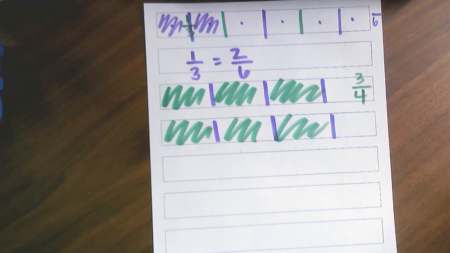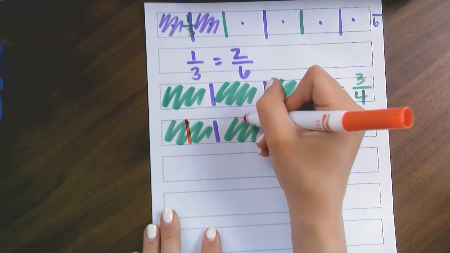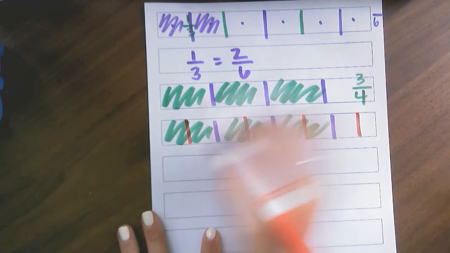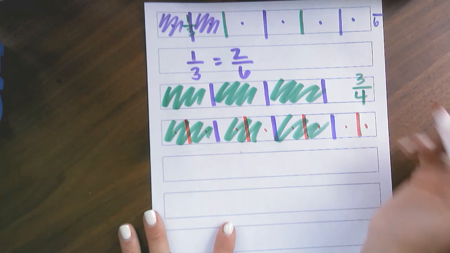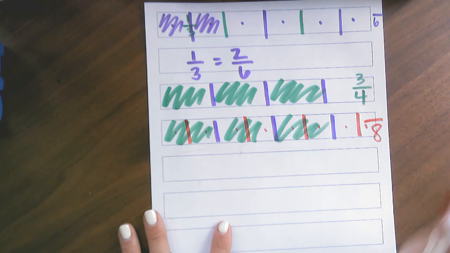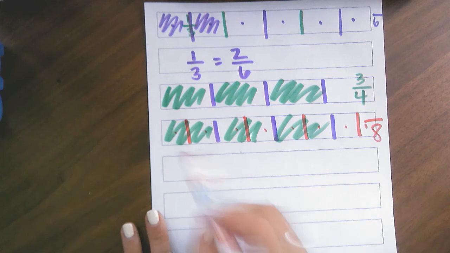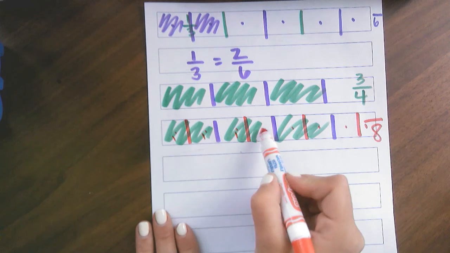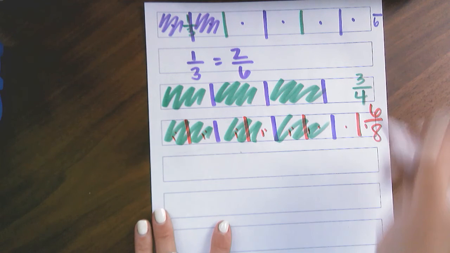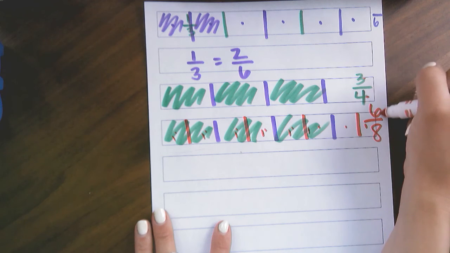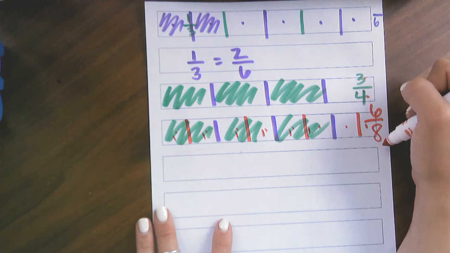But in order to see what it maybe equals in eighths, I could split this. So I could split each one in half. And now I have 1, 2, 3, 4, 5, 6, 7, 8 pieces. So I'm in eighths, and colored in are 1, 2, 3, 4, 5, 6. So as you can see, 3/4 is equal to 6/8.